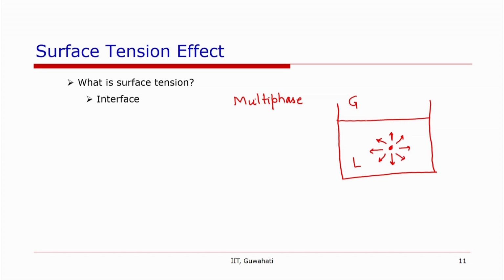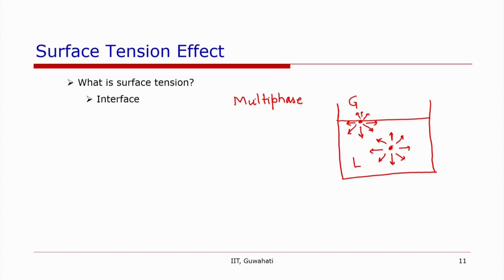Whereas a molecule at the surface will be interacting with the molecules in the bottom half, with the liquid molecules, whereas the interactions with the gaseous molecules will be relatively weaker.